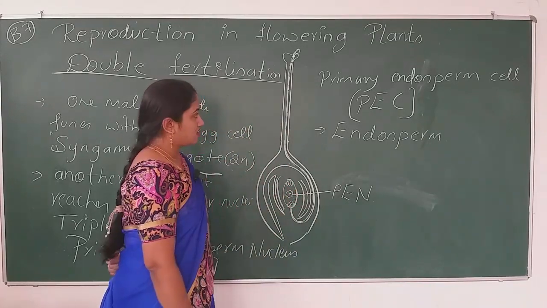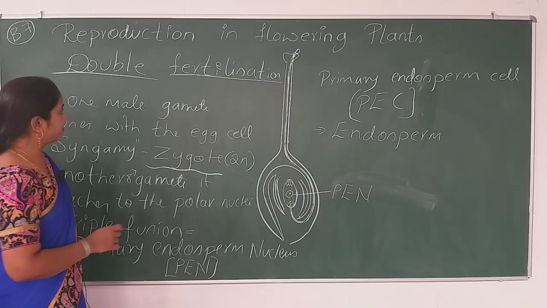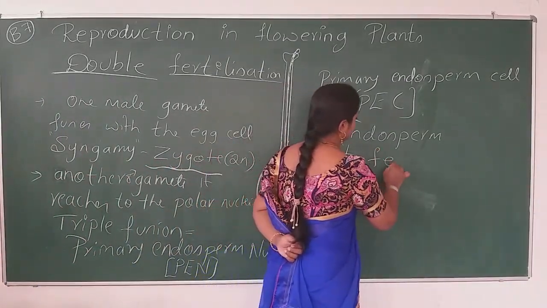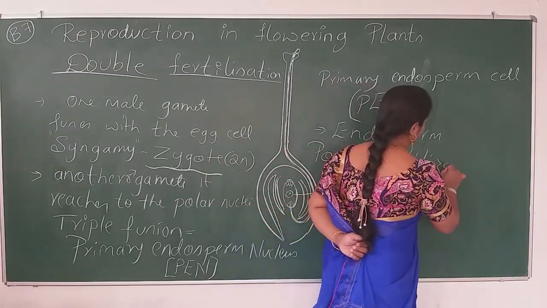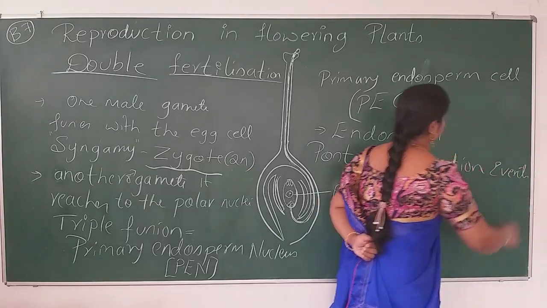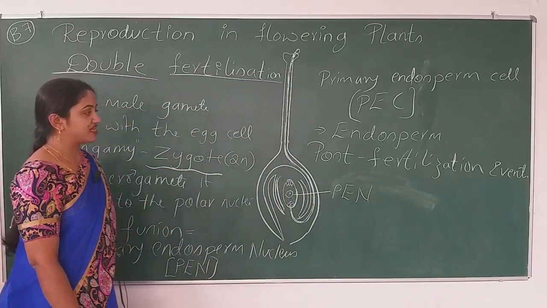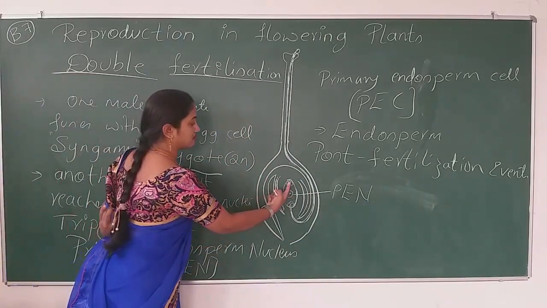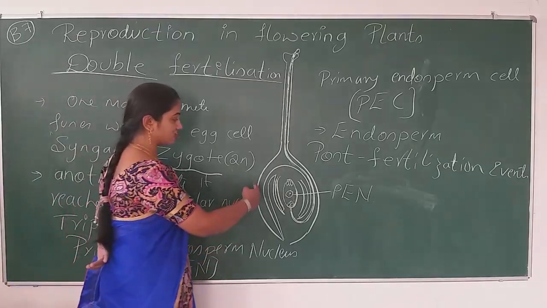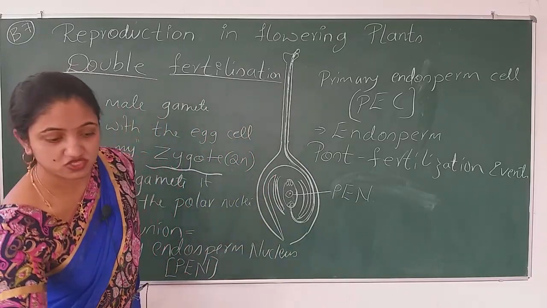Now let me tell you about the post-fertilization events. After fertilization, what will happen to the antipodal cells, the synergids and the integuments? We'll see; I'll list out all those events.